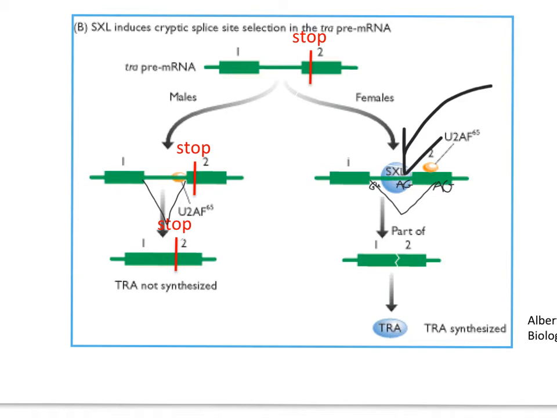So in females, they make normal transformer protein, TRA. Getting the picture? There's always something wrong with exons in males. Women always tend to remove that crappy part of the exon and produce normal full-length proteins. Sex-lethal, then, in this case, transformer, TRA.